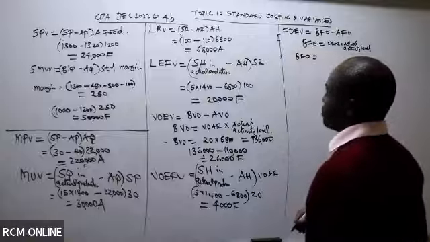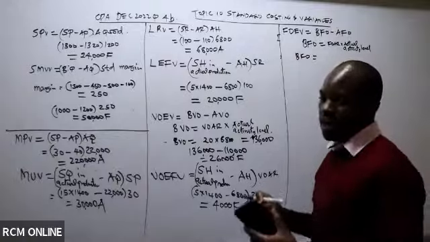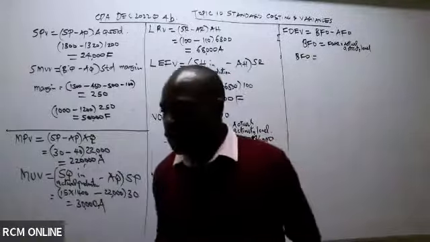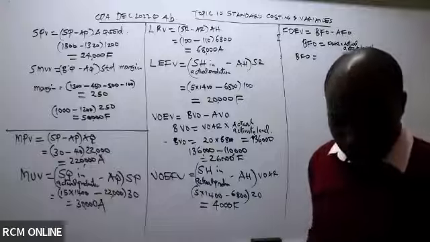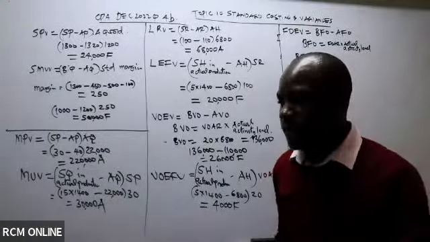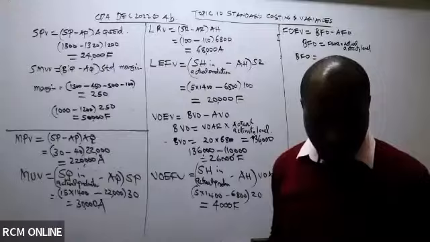So can we get budgeted fixed overhead? It is fixed overhead absorption rate. What is our fixed overhead absorption rate? Somebody? Very fast.